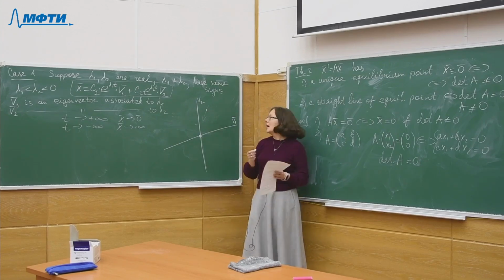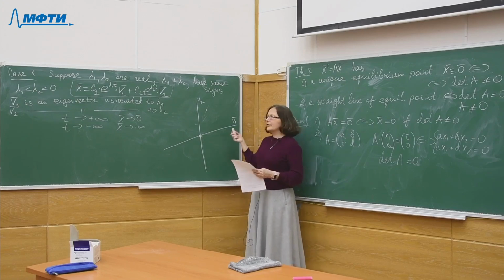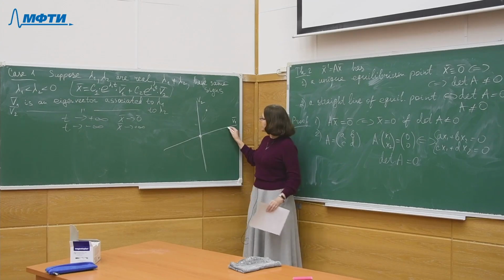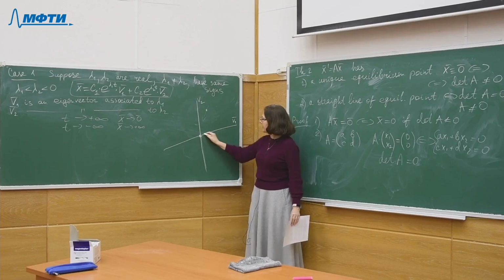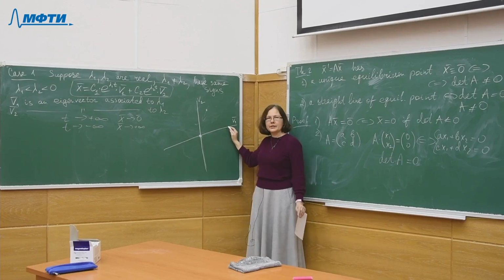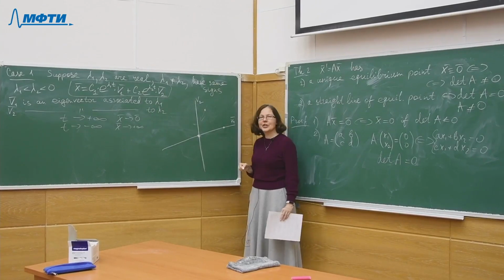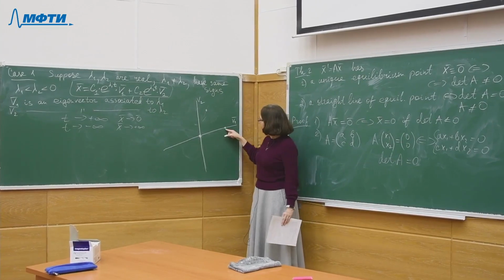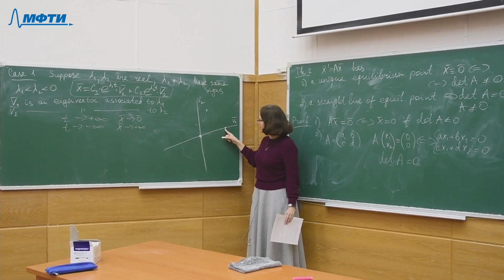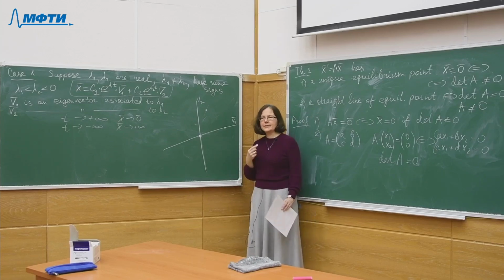Next, if our trajectory starts at the line through the vector v1, let's analyze trajectories that start at a point on the straight line through v1. What does this mean?